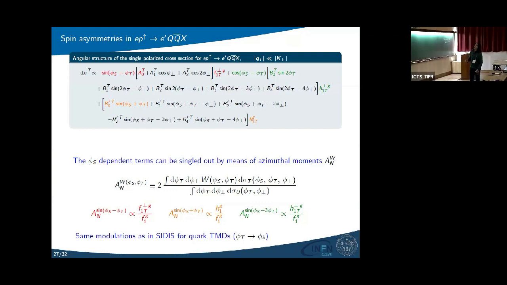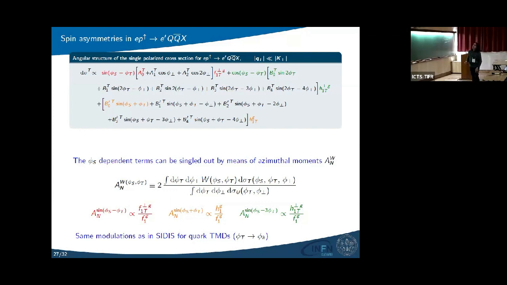But of course, we have a problem with background. So we have also then gamma star quark into gluon quark, which we don't want if you want to study only gluon TMDs. But then you can go to small x, for example, in order to get rid of the background. In this case, the asymmetries are smaller, but still you can measure them.